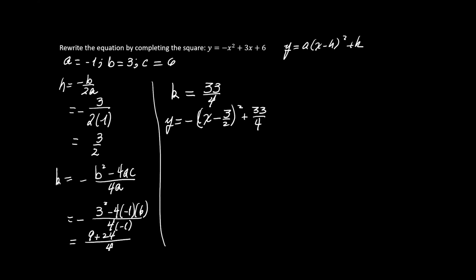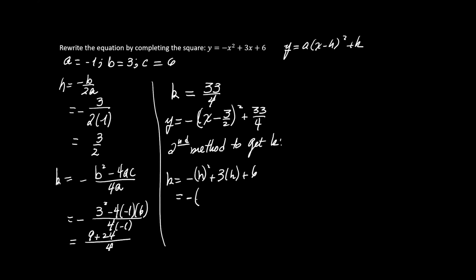Let's get k the other way, the second method. So k equals negative h squared plus 3 times h plus 6.